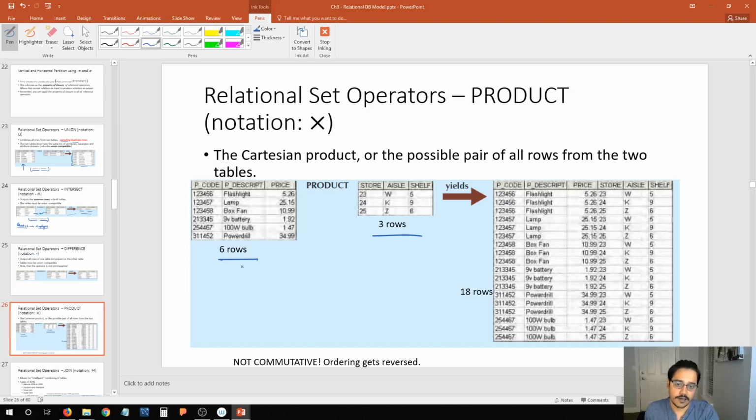So if you do that, the net total is 6 cross 3, 18 rows, and then you have a pairing of the first product with all the 3 rows of the second table, and then the second product with all the 3 rows, and so on and so forth. Okay, so that is basically product.